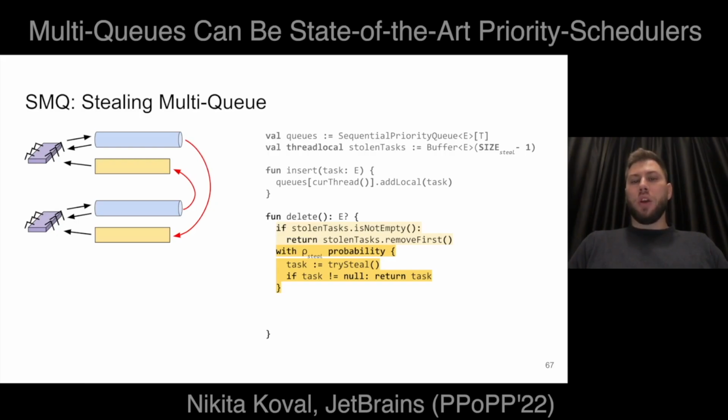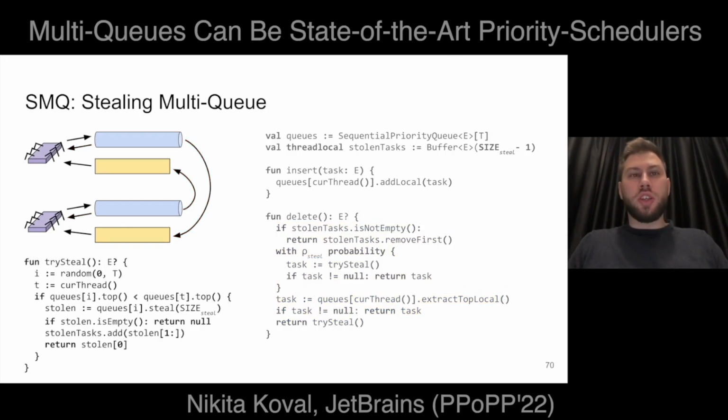The rest of them are stored in the buffer, and if the stealing procedure is not successful, or if we decided not to steal, we work with the local queue. So we extract the top element from the queue, and if it is presented, we return it, and if not, we try to steal again.